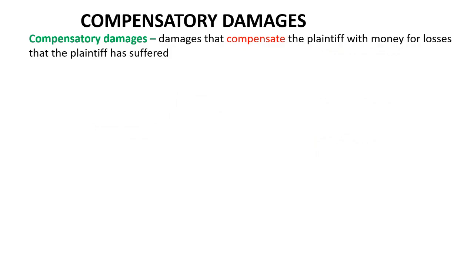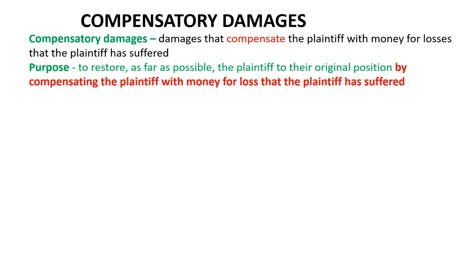Compensatory damages are damages that compensate the plaintiff with money for losses that the plaintiff has suffered. The purpose of compensatory damages is therefore to restore, as far as possible, the plaintiff to their original position by compensating the plaintiff with money for losses that the plaintiff has suffered.